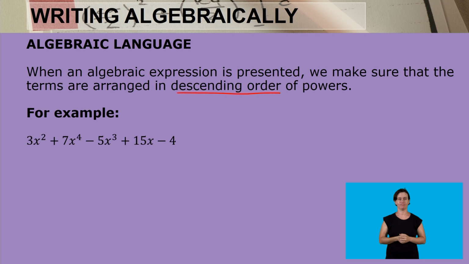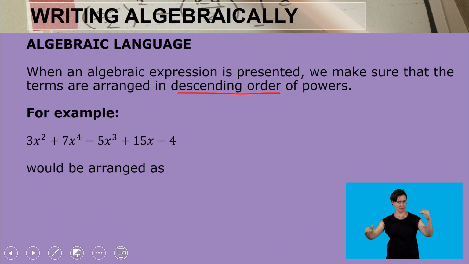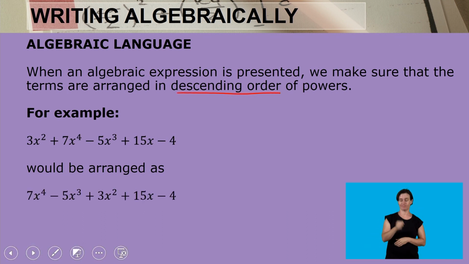So we have been given an expression of 3x squared plus 7x exponent 4 minus 5x cubed plus 15x minus 4. Now for us to write this algebraic expression correctly, we need to arrange it in descending order of powers. So this expression would then be arranged as, yes, we are going to start with the exponent that has the higher value.